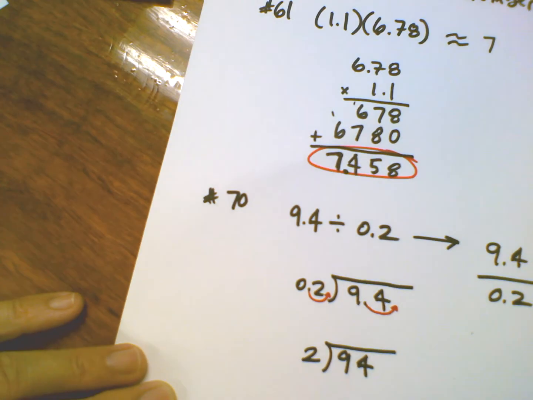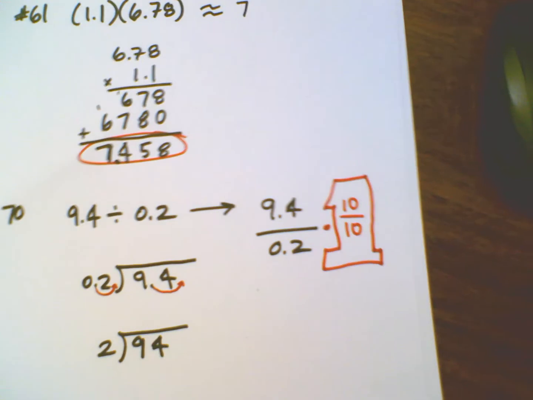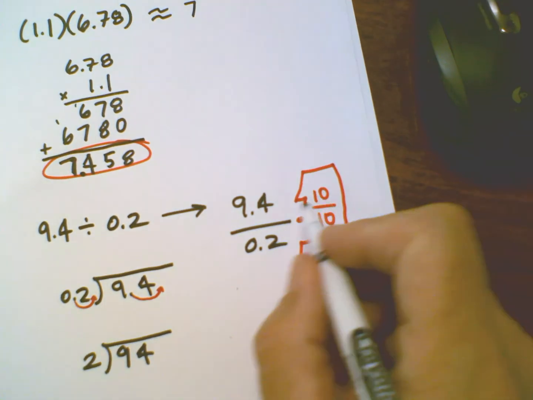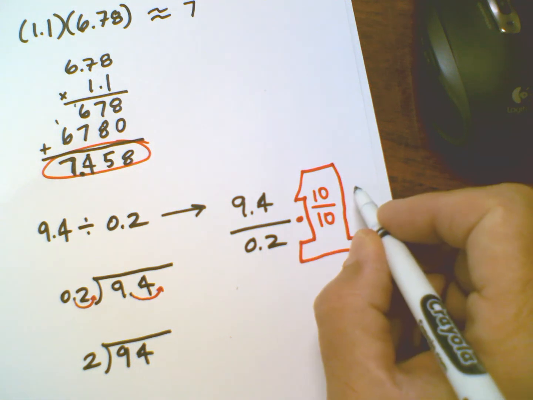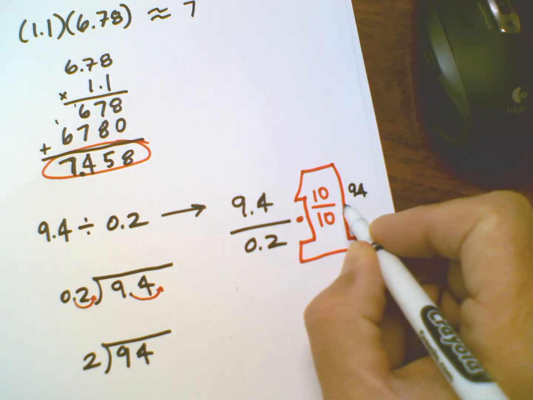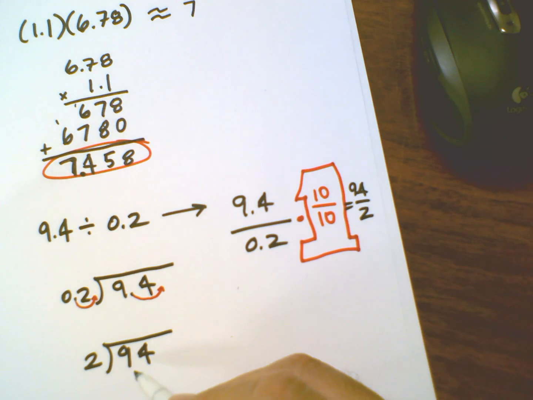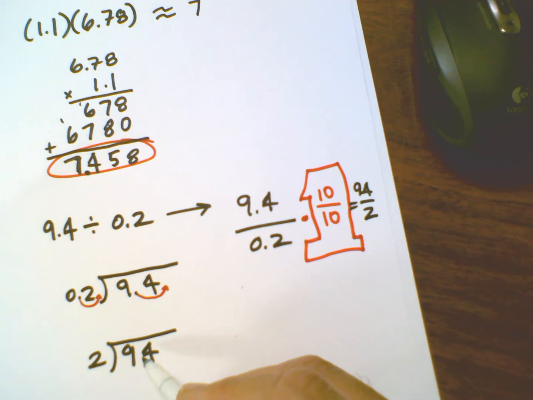I know you haven't seen that, sorry. I multiplied by 10 over 10, which is just a giant 1. And that's why this becomes 94 over 2, which is what I'm doing here, that division there. I think you can take it from there.